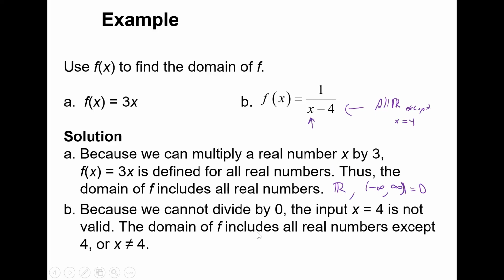And they're going to write this different ways. Here the domain of f includes all real numbers except for x cannot equal 4. Another way we could write this, if we're doing it with the notation like this, we can go from negative infinity to 4, parenthesis, union, parenthesis, 4 to positive infinity.